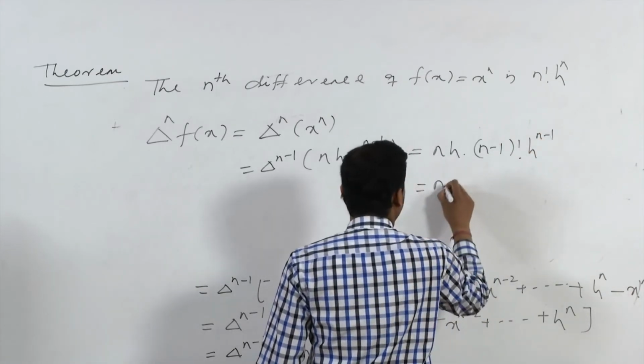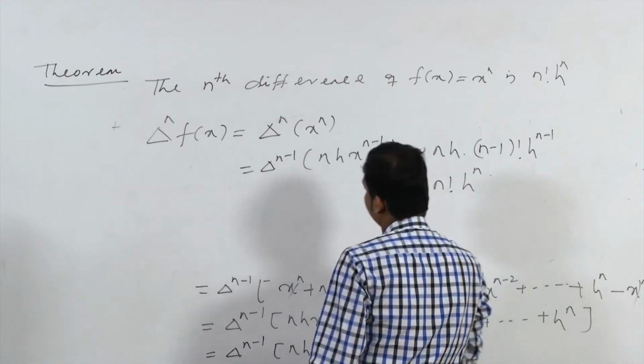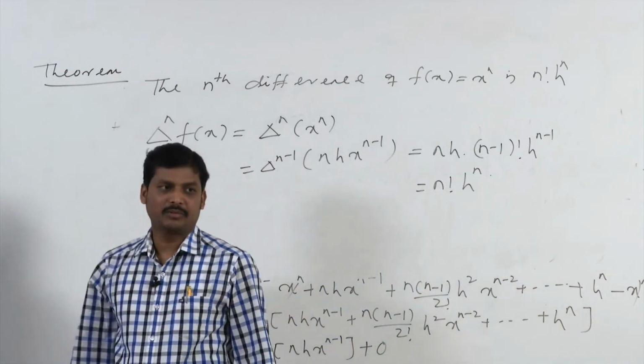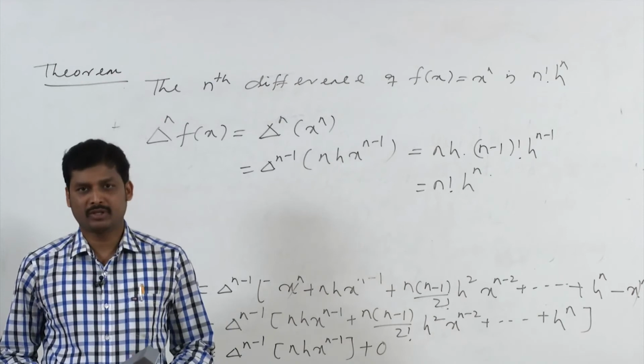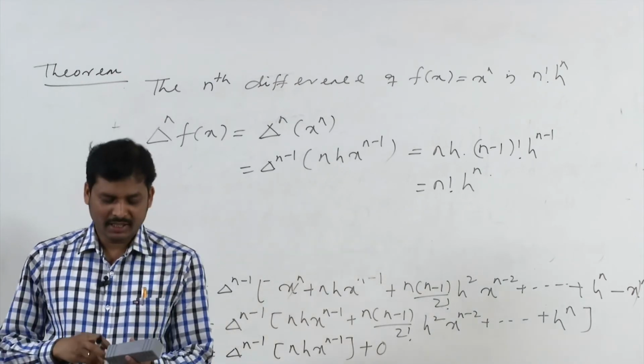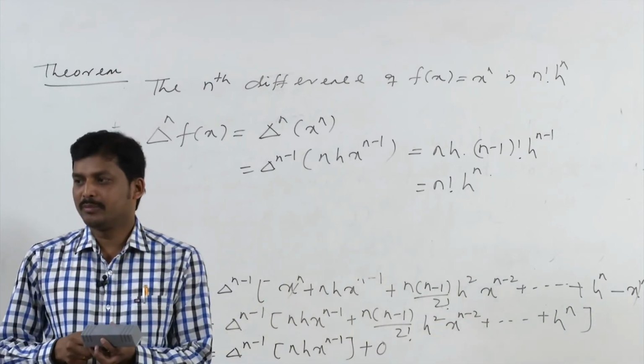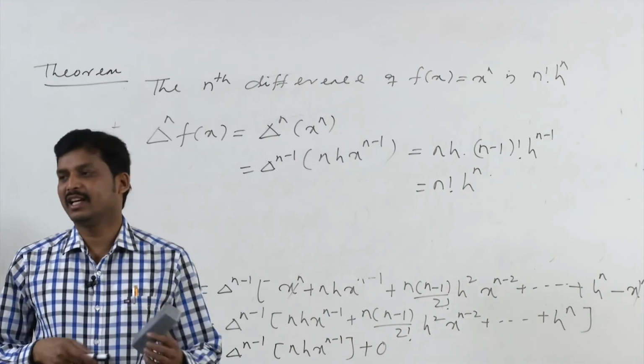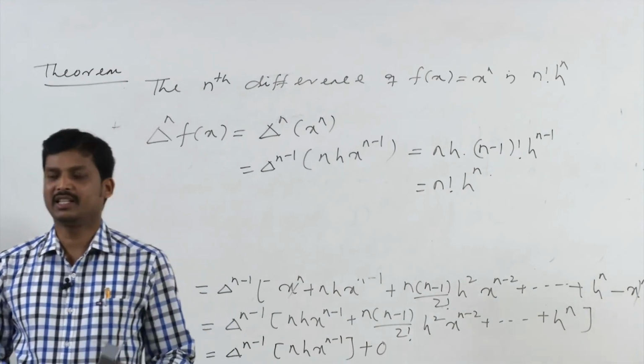So, it can be written as n factorial h to the power n. Finally, we obtain that if f of x is a polynomial of degree n, then Δ to the power n of x to the power n is n factorial h to the power n.